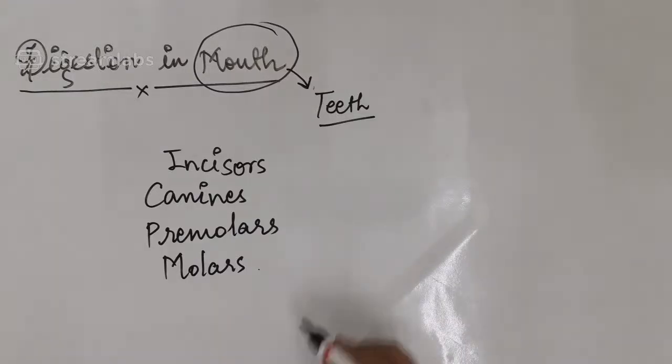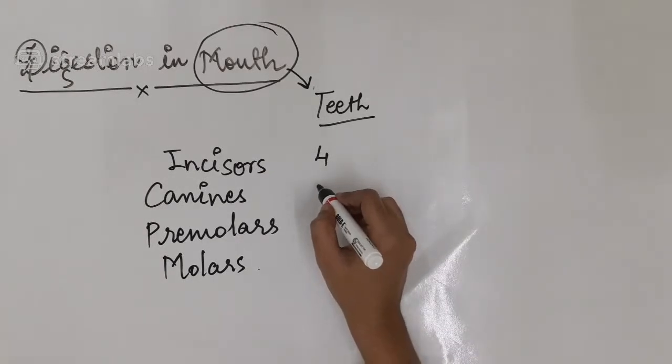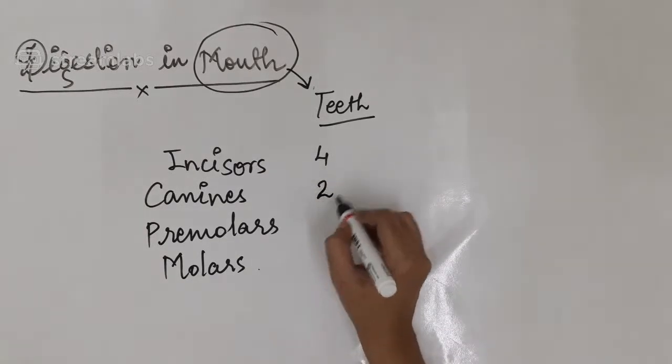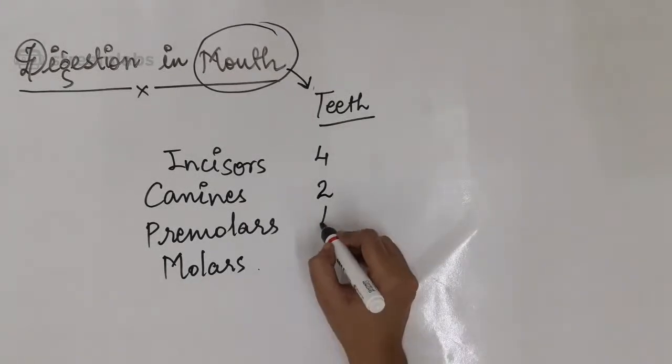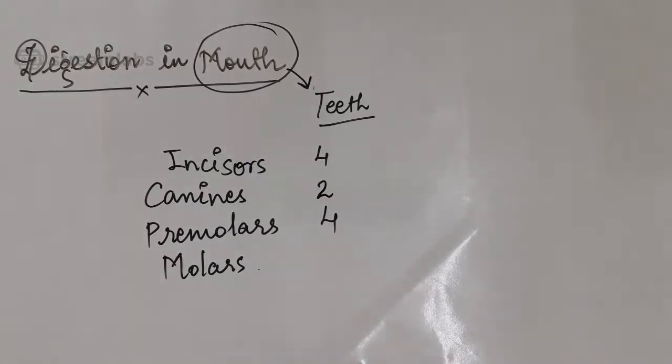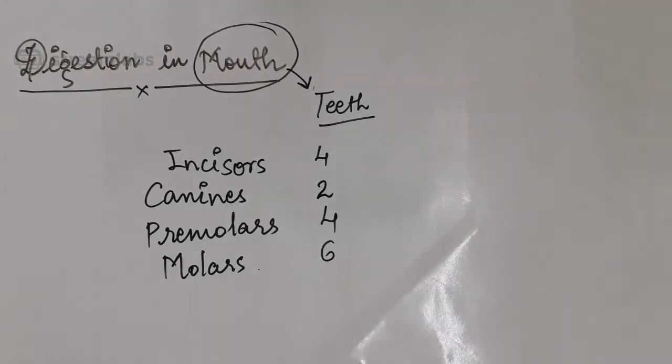We have 4 incisors in each jaw, 2 canines in each jaw and 4 in number, premolars are 4 and molars are 6.